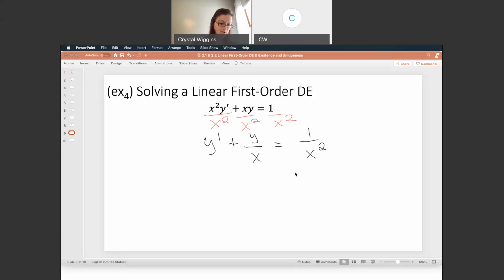Or, I should probably write this differently because we have to identify g of x in the next step. So let me do 1 over x times y so that it's more clear what is g of x versus y. So now in my next step, I identify the g of x function as 1 over x.